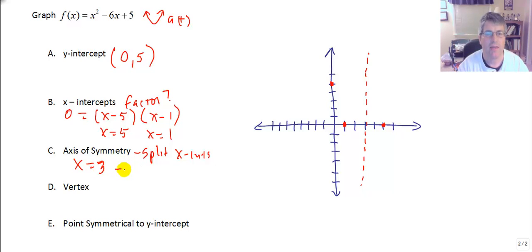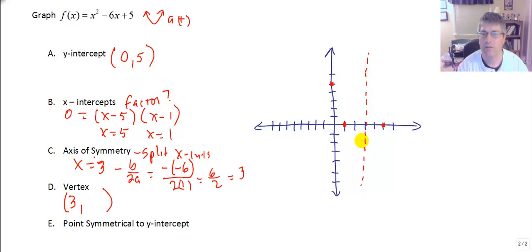We can check that with the opposite of b over 2a, which is the opposite of negative 6 over 2 times 1. 6 over 2 is 3. Look at that, confirmation of that. And then finally our vertex is going to be at 3 and then something, right? Because we know our vertex is going to lie on the axis of symmetry. So all I have to do is put 3 into my function and see what I get for an output.